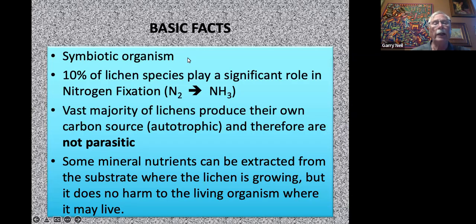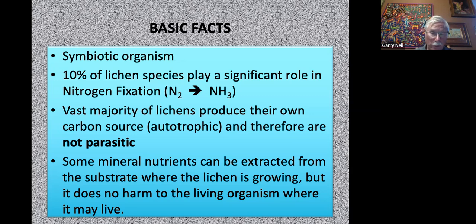Okay, so again, basic facts, it's a symbiotic relationship. 10% of the lichen species fix nitrogen so that plants can utilize the nitrogen. They photosynthesize, again. A lot of people think that if you see lichens growing on their trees, their tree's going to die. They think that the lichen is a parasite.